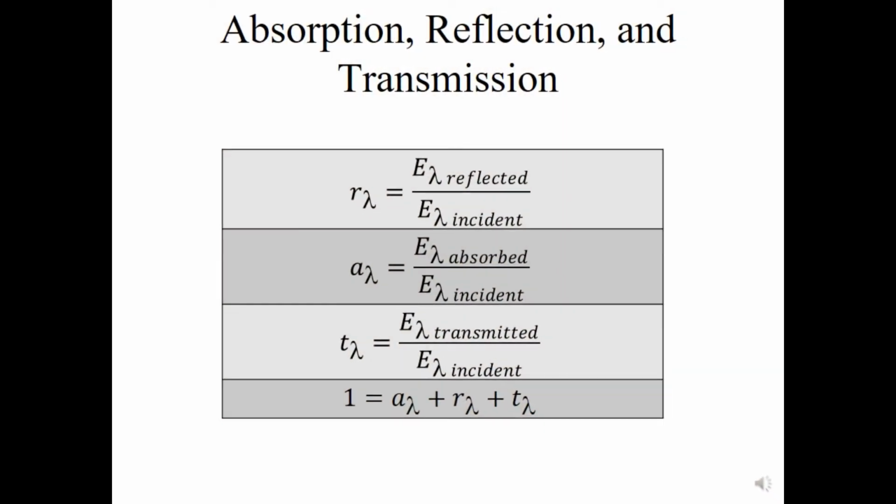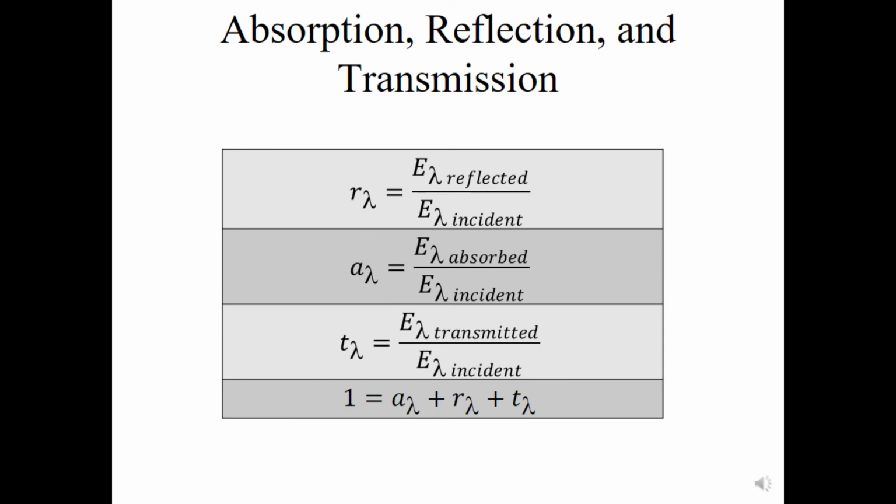So radiation that is incident upon the atmosphere can either be reflected, absorbed, or transmitted. The reflectivity is defined as the irradiance reflected over the incident irradiance, and it's also a function of wavelength. The absorptivity is the irradiance absorbed over the irradiance incident, and the transmissivity is the amount of the irradiance that is transmitted divided by the incident irradiance.